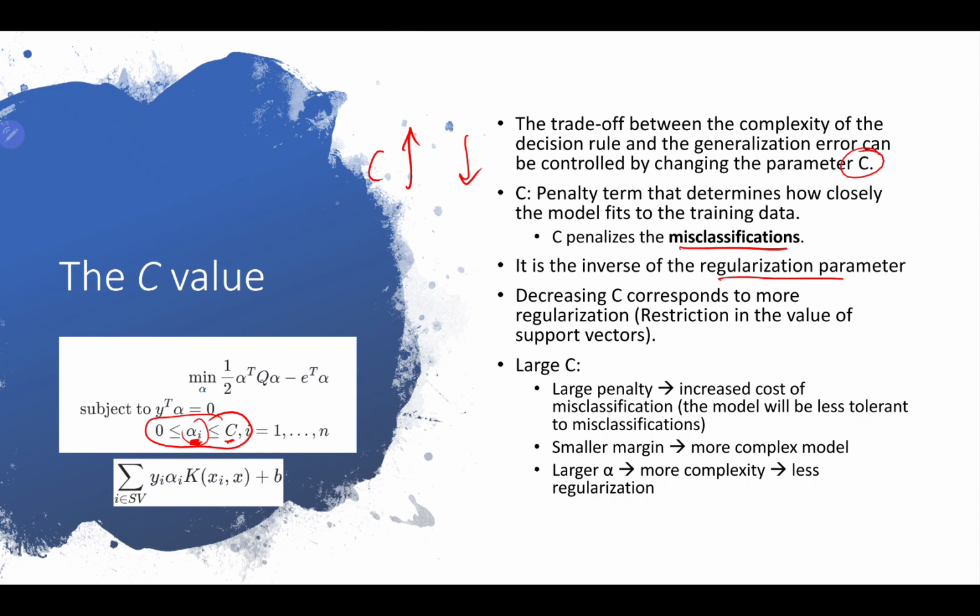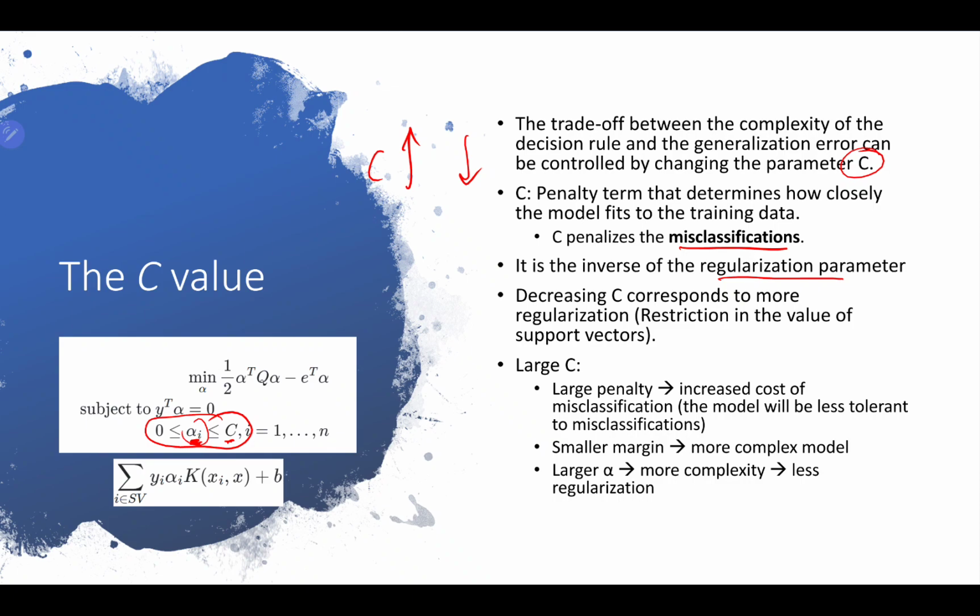That's why maybe you can think of these alpha values as the coefficients of each of the support vector points. So here you're decreasing it, and then you're making it more restrictive, right? It's the opposite of the logistic regression idea where you apply regularization.